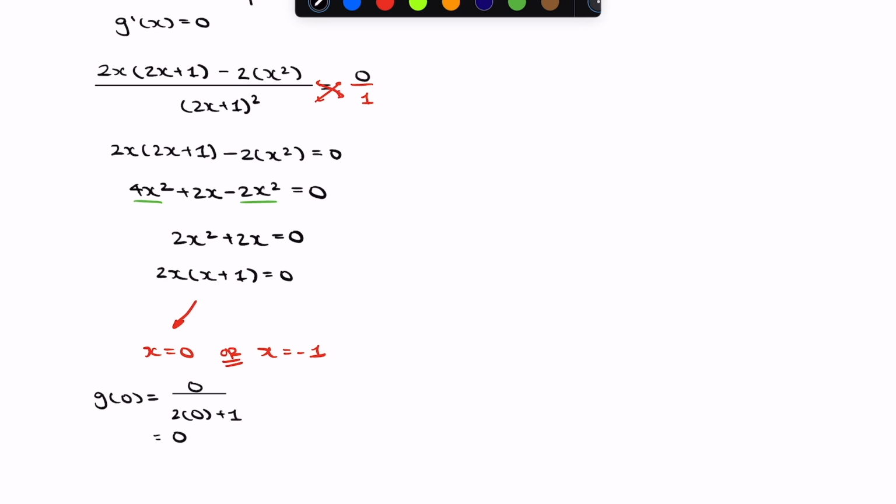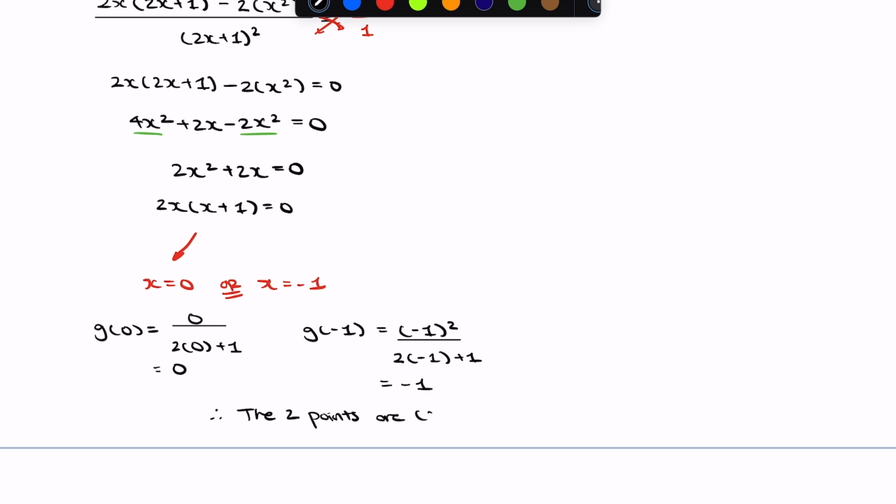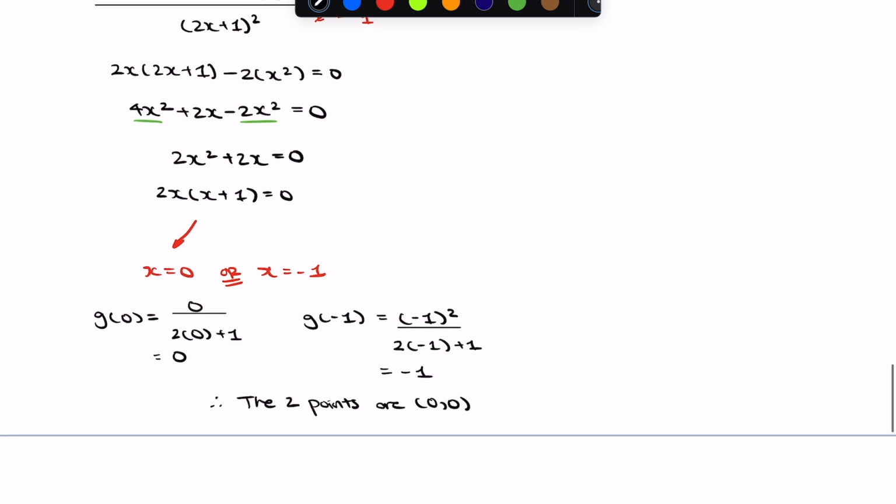And then we'll sub it in for g of negative 1, which is equal to negative 1 squared over 2 times negative 1 plus 1, which is equal to negative 1. And so therefore, the 2 points are at (0, 0) and (-1, -1).